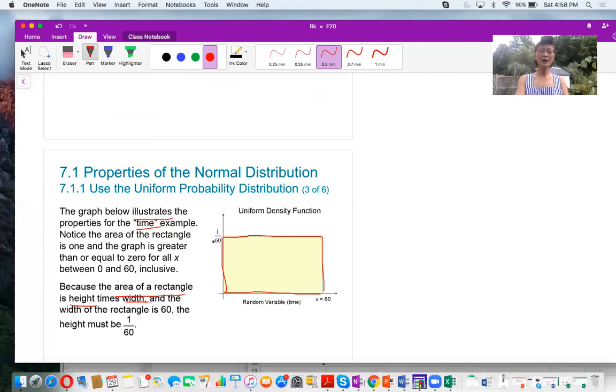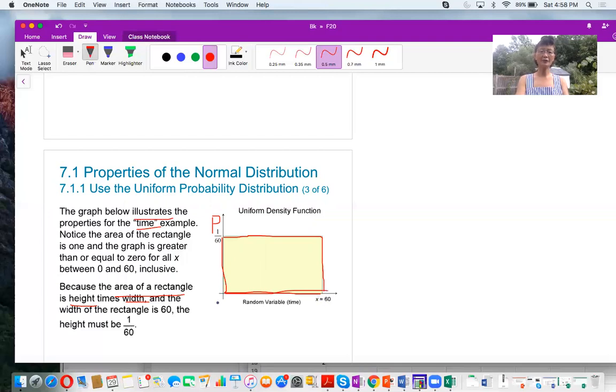The height is 1/60. Why is it 1/60? Remember, the height represents the probability. The probability is 1/60 because you have 60 minutes from 10 a.m. to 11 a.m., and the probability of getting a parcel in each minute is the same, 1/60.